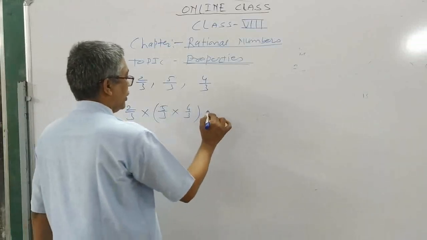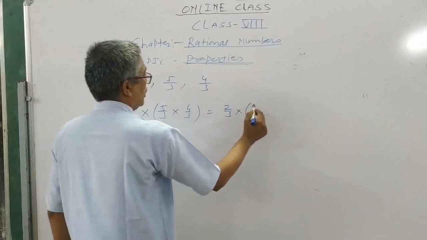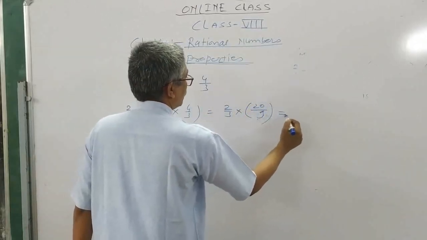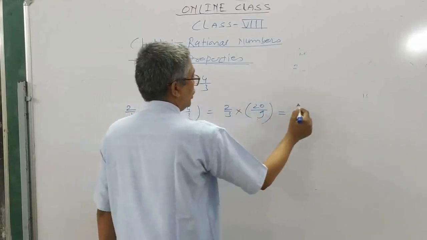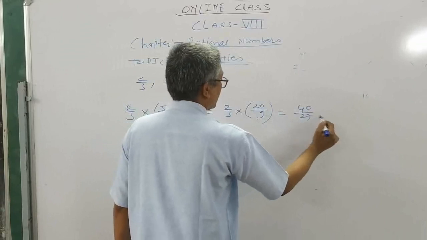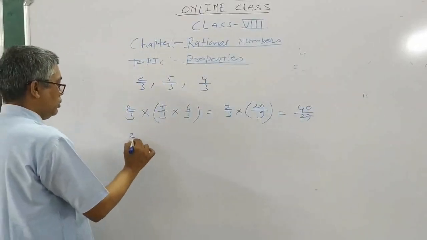So what we get here? 2/3 into 5 4s are 20 upon 3 3s are 9, 20 into 2, 40 upon 9 3s are 27. So we get 40/27.